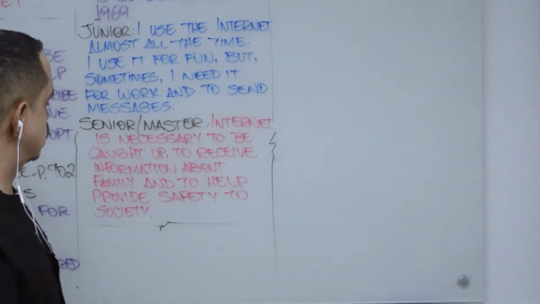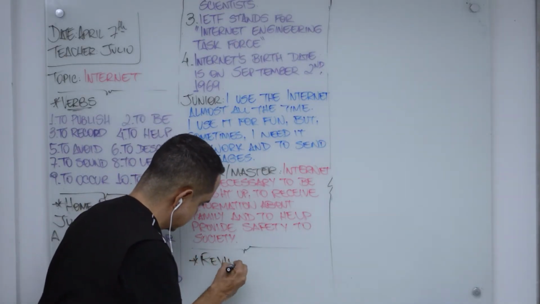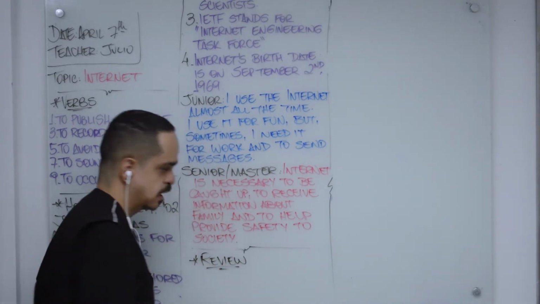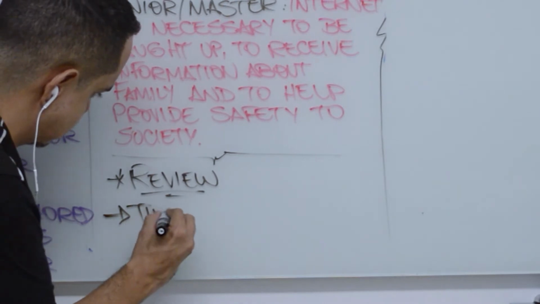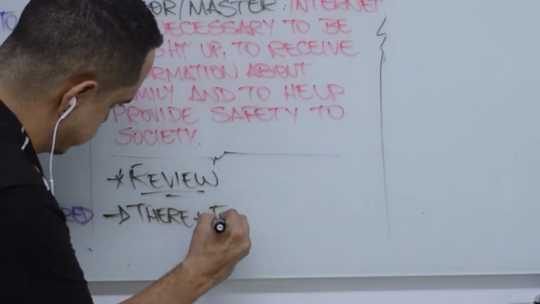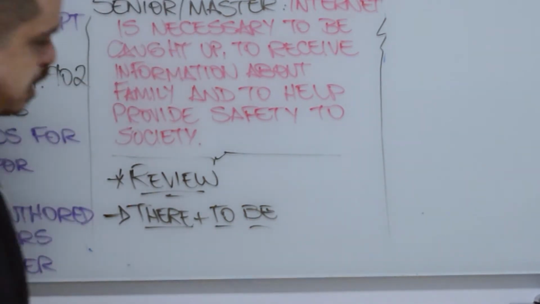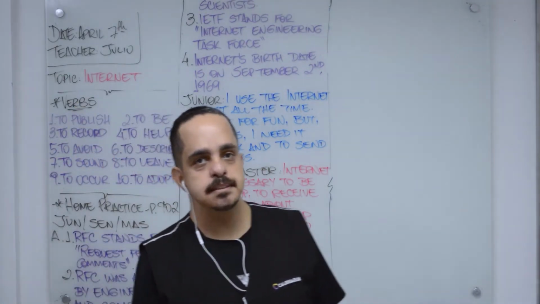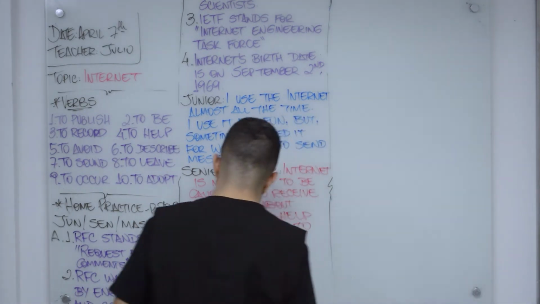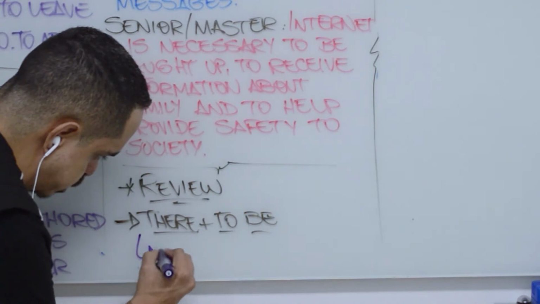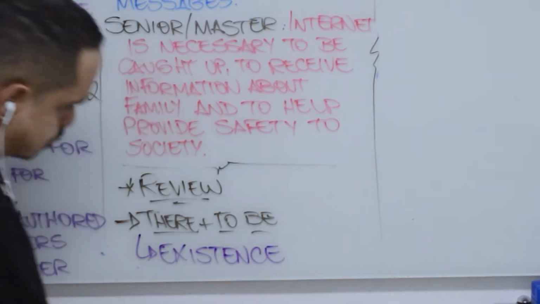On our review, we're going to start with there plus to be. What is the idea of there to be? There to be transmits the idea of existence. Okay? So, there to be is related to existence.